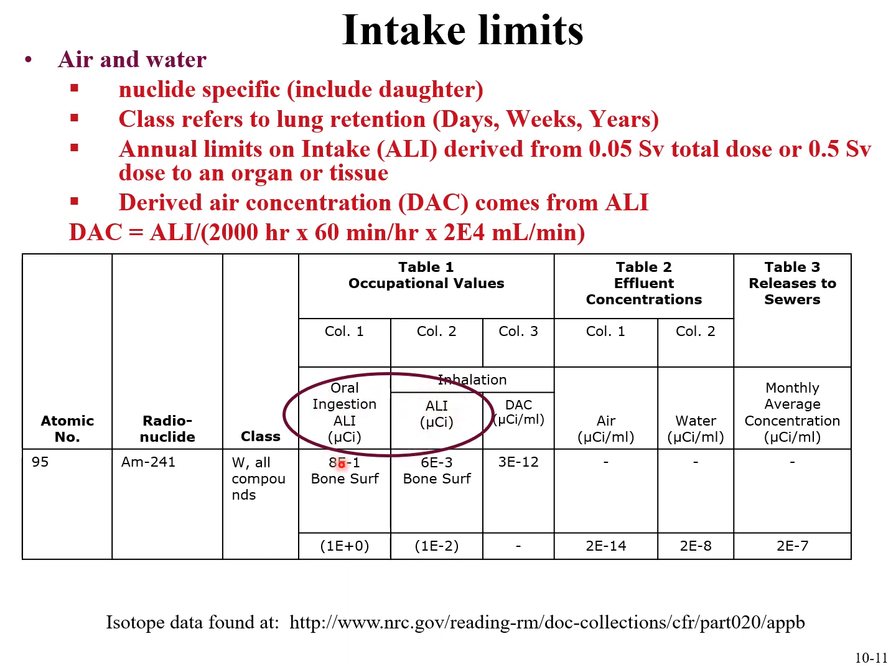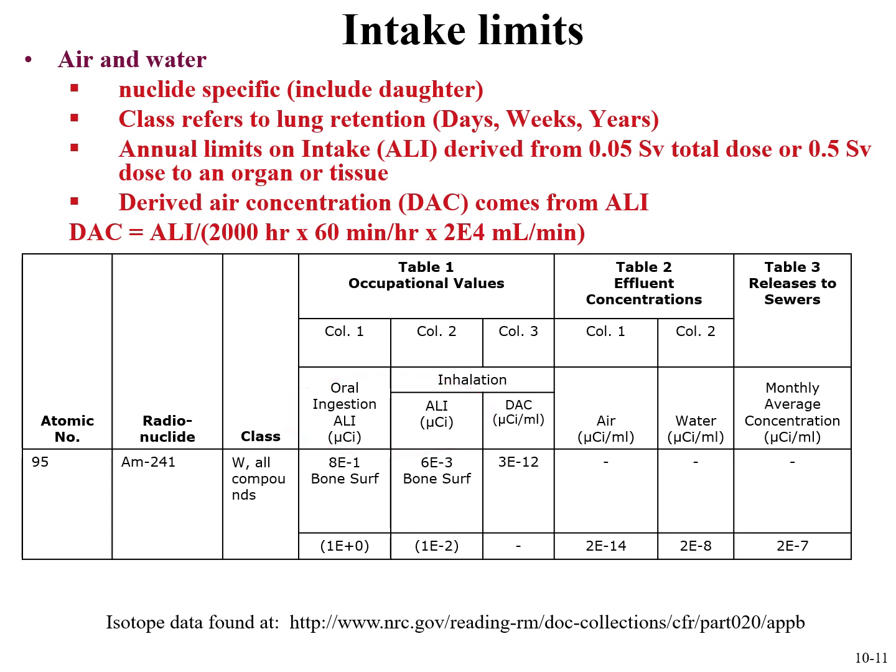This gives you the limits on what would be the activity in microcuries for an oral ingestion, in this case for americium-241. And here's the inhalation for americium-241. And you see that the differences are extremely large. The limit on intake for inhalation is usually much lower than the oral ingestion.